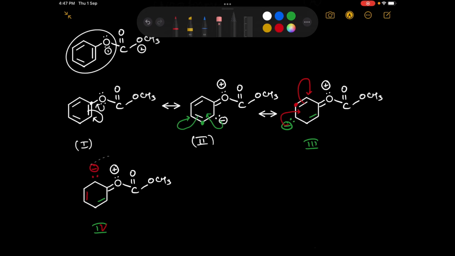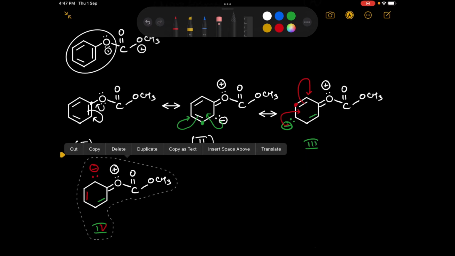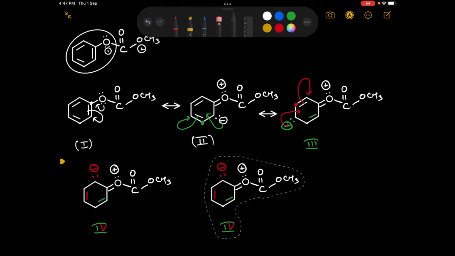Let's draw the last structure here. Now the lone pair will shift in between the next two carbon atoms. Show the change in structure number 5, so that the bonding pair between the oxygen and the carbon will shift onto the oxygen atom and once again become a lone pair.